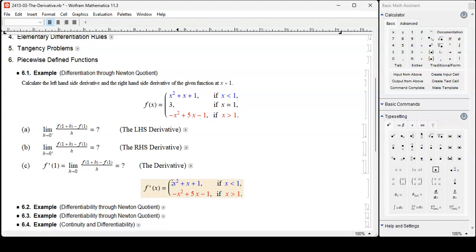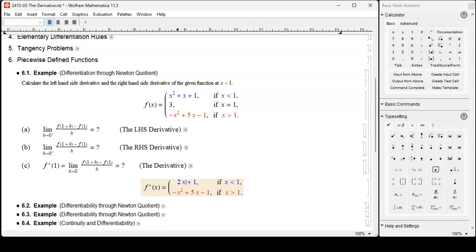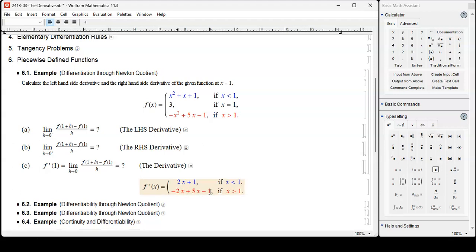Take the derivative: 2x plus 1. If you use a derivative formula here, do you get that? And then take the derivative here: negative 2x plus 5. If you use the derivative formula on the third line.